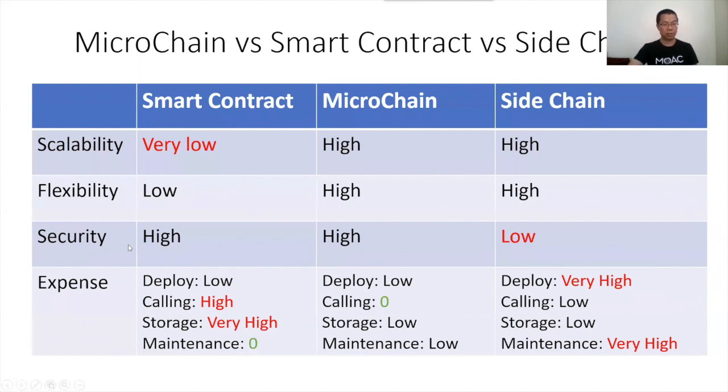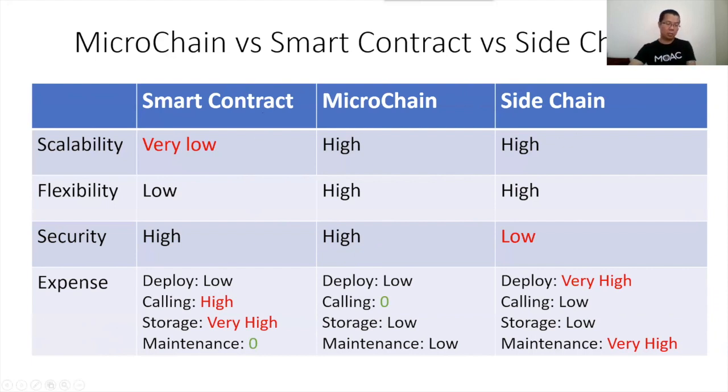And security: smart contract is on top of Ethereum, so it has the same security level as Ethereum. It's pretty good. Microchain is backed up by the bottom mother chain, so the security is pretty high as well. Sidechain, on the other hand, is on its own, so it's easy to attack. Expense: if you want to deploy a smart contract, it's pretty low.